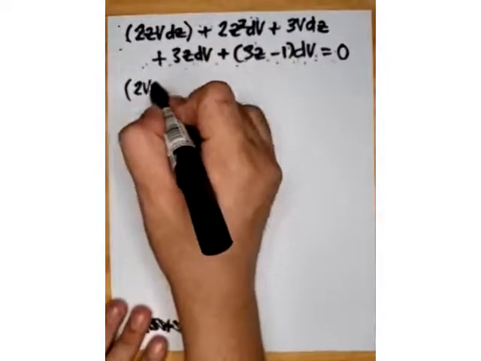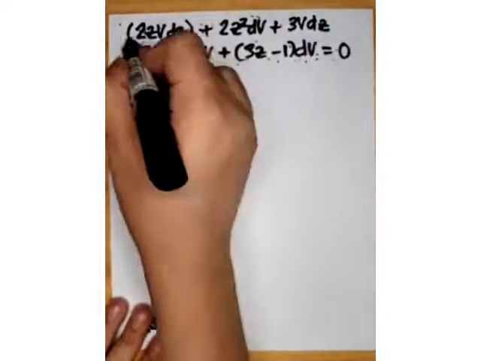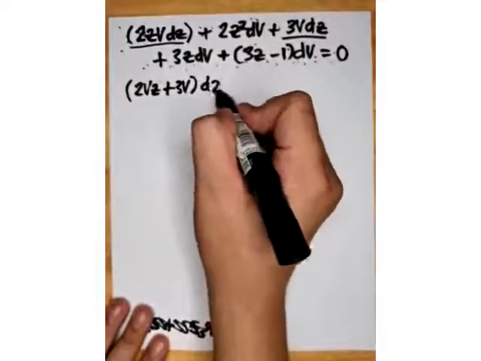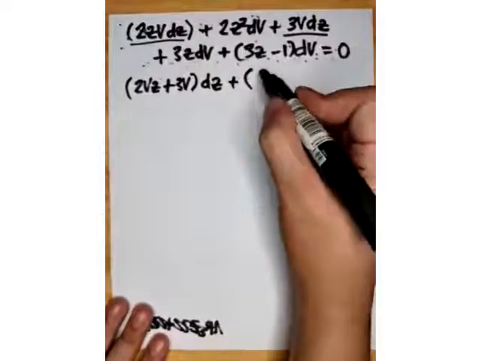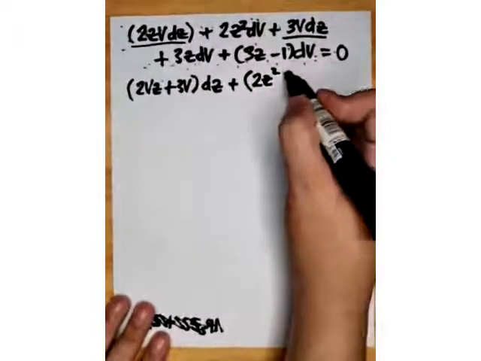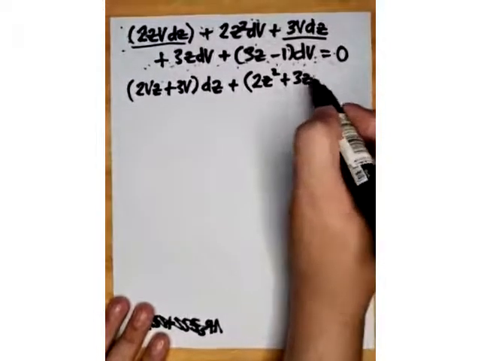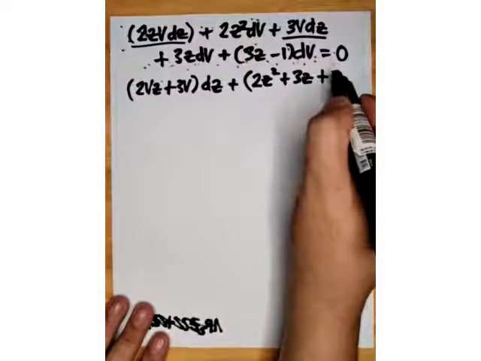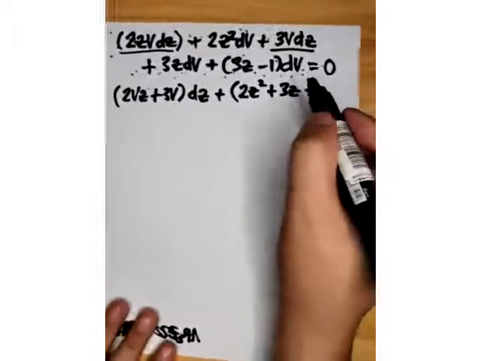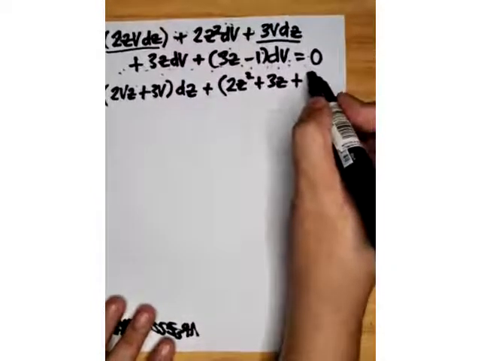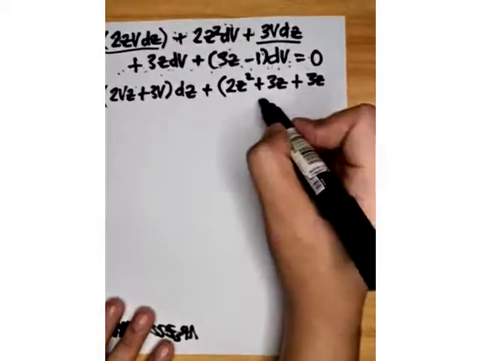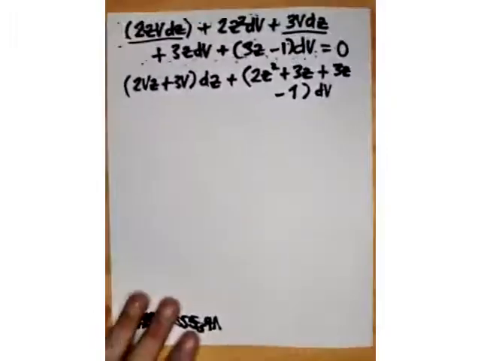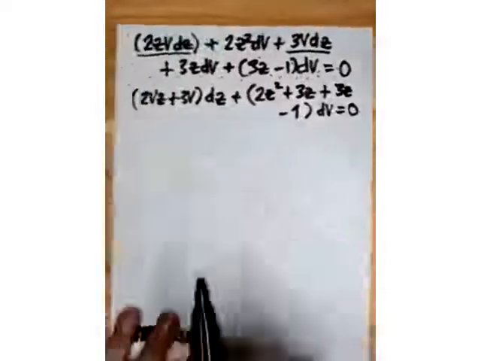So, 2vz, ito, at saka ito, plus 3v times dz, plus quantity 2z squared plus 3z plus 3z minus 1 dv is equal to 0.